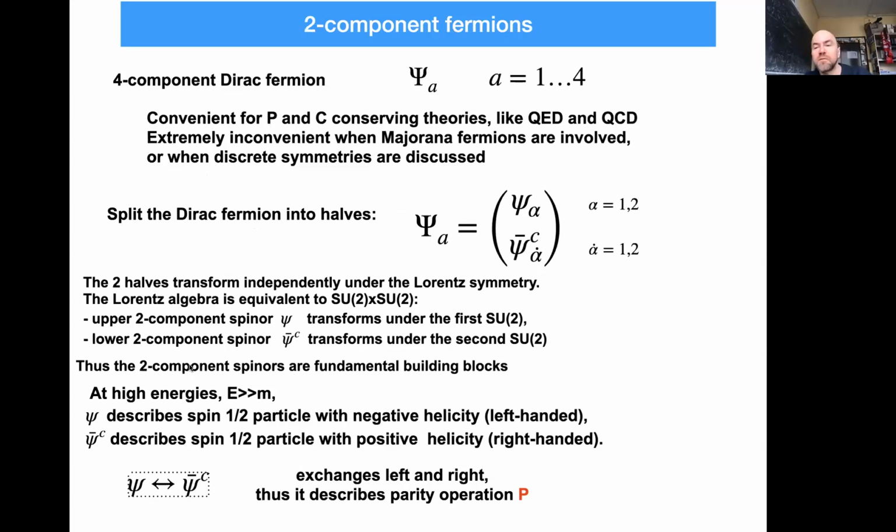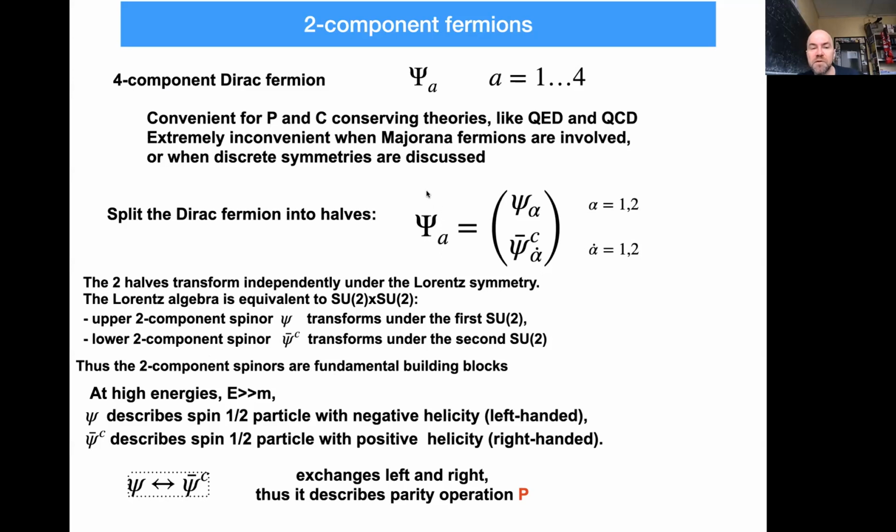This is convenient if you deal with parity conserving theories like QED and QCD, but it becomes very awkward when you, for example, deal with Majorana fermions, or if you are discussing discrete symmetries like C and P. So for this discussion, it's much easier to actually look inside the Dirac fermion and see what it is fundamentally made of.